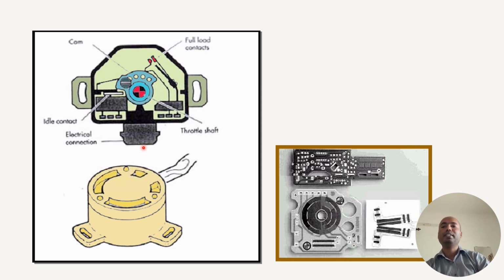While pressing the acceleration pedal, what happens? These cam lobes start to move angularly. While moving angularly, it adds or decreases the resistance value over these filaments. You can see these filaments have a varying resistance value. Based on this resistance, the 5 volt power supply is given to these cam lobes.